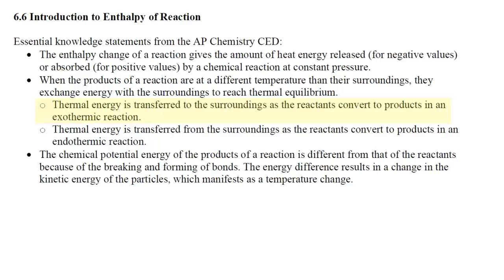On the other hand, thermal energy is transferred from the surroundings as the reactants convert to products in an endothermic reaction. The chemical potential energy of the products of a reaction is different from that of the reactants because of the breaking and forming of bonds. The energy difference results in a change in the kinetic energy of the particles, which manifests as a temperature change.